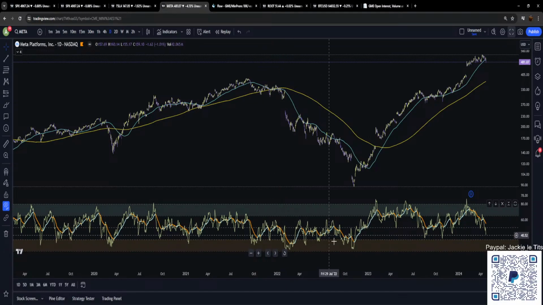Going back to the overbought and oversold zones, a lot of the time on these guys' charts you'll see a line right here at 30. Most traders will say that when the RSI goes under 30, it is considered oversold. Now, just because the RSI goes under 30 does not inherently mean that things are oversold and that the stock is just going to go up because it's oversold.